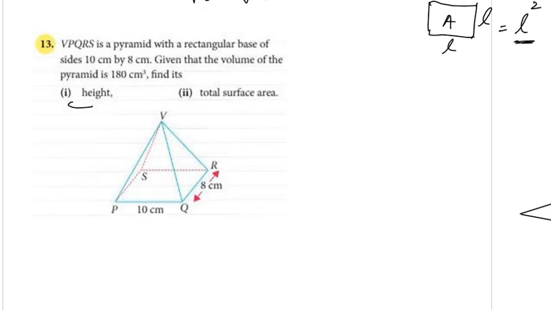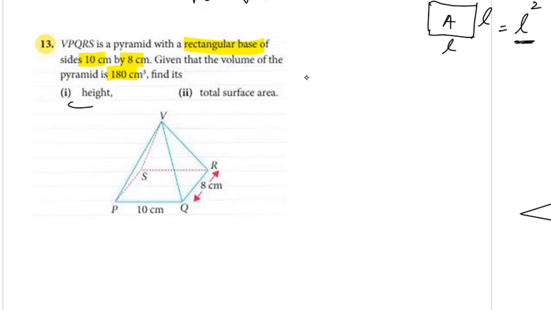So for the height, what we can do is, first, look at the given data. You are given a rectangular base. We have to keep in mind that its base is rectangular, so some values will differ. We will discuss them later. And the sides of the rectangle are 10 centimeters and 8 centimeters respectively, while the volume of the pyramid is given to be equal to 180 centimeters cube.